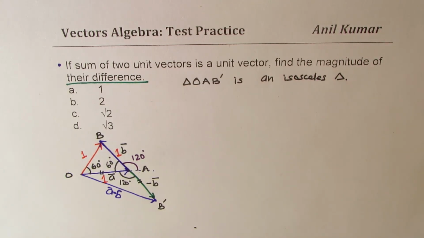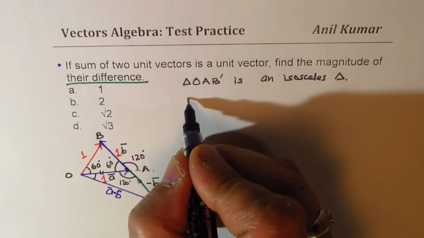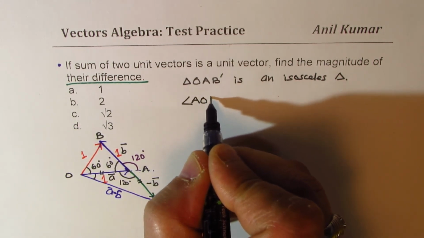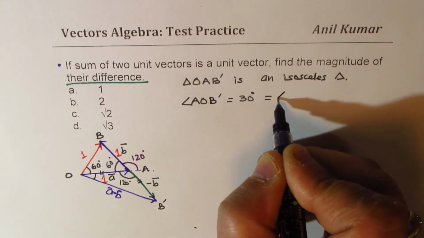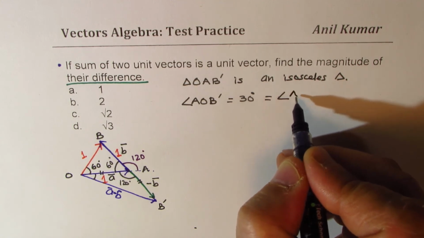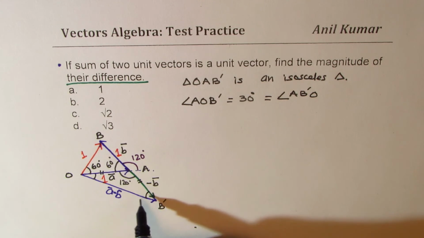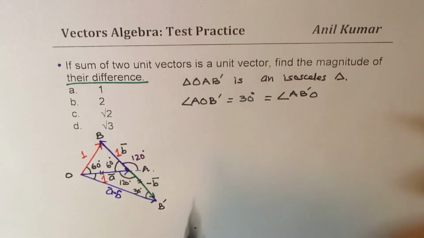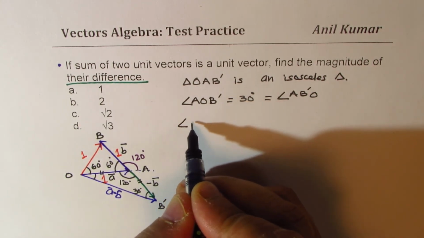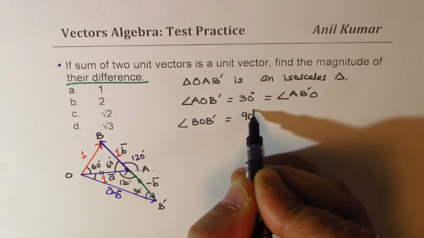So in that case, the angles at these two sides, that is angle AOB dash, will be equal to 30 degrees and will also be equal to angle AB dash O. So both of them will be 30 degrees. So we have 120, 30 and 30. So that shows that the angle BOB dash is equal to 90 degrees, right?